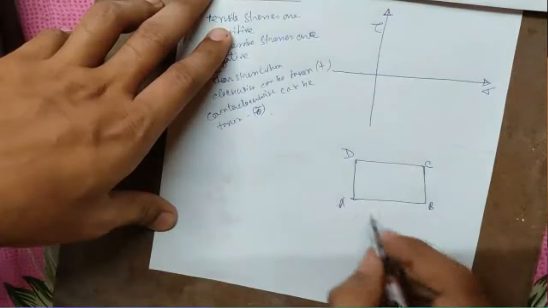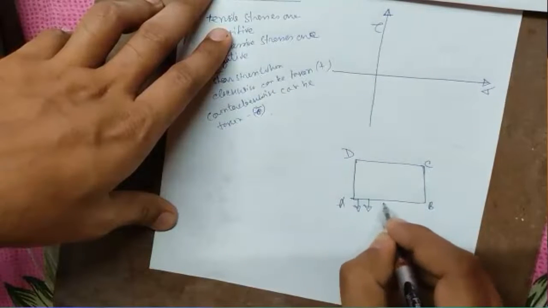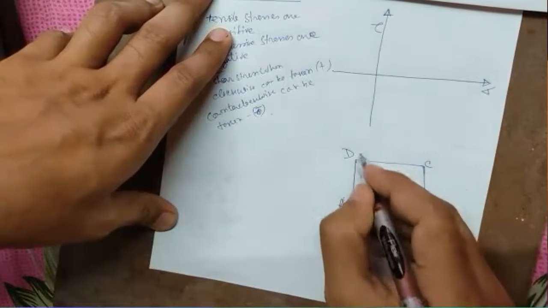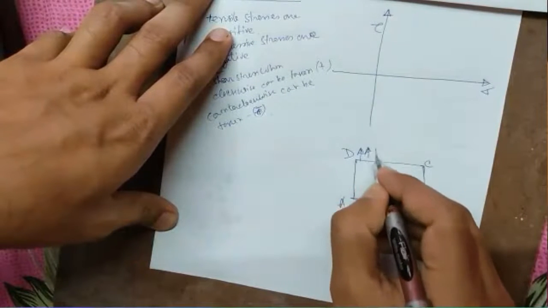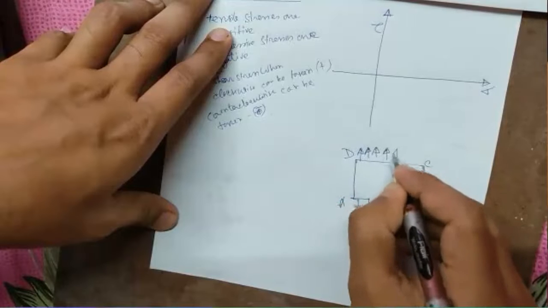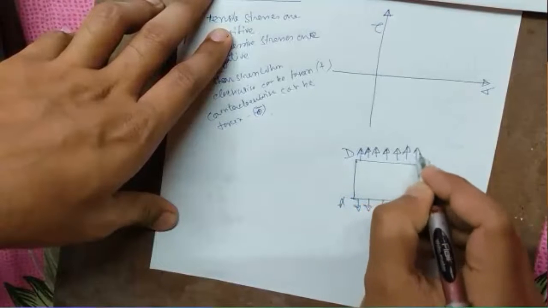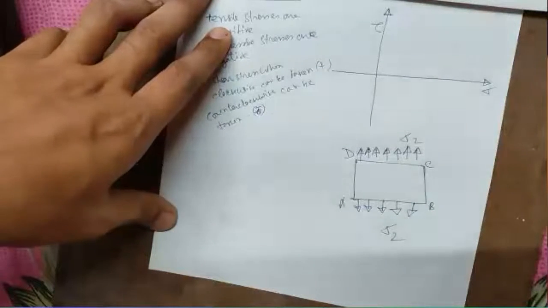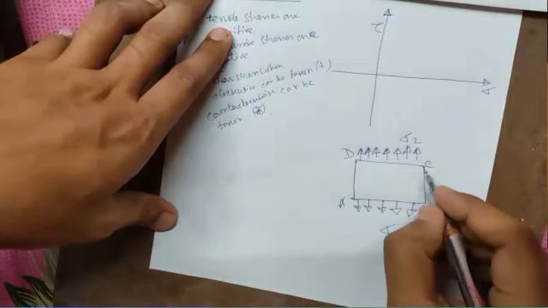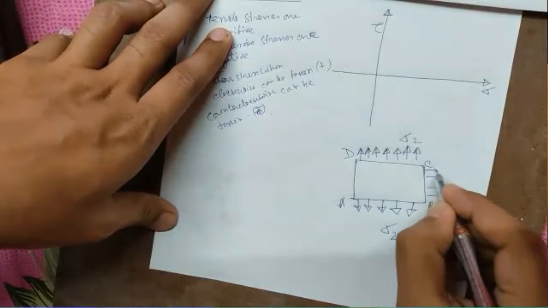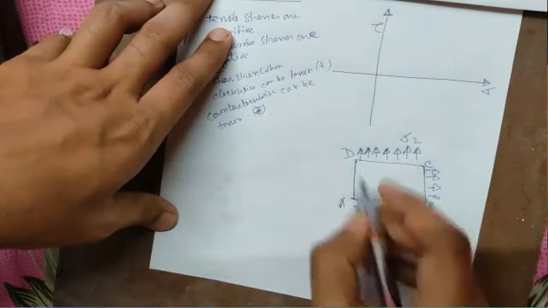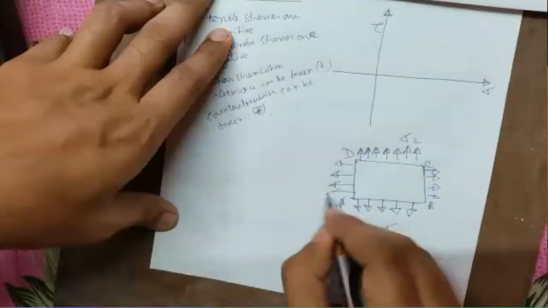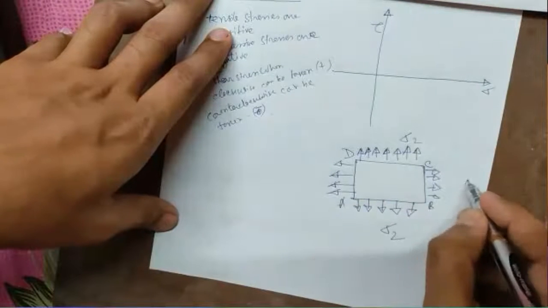Now the stresses working are tensile in both the directions. So this was sigma 2 in the previous day's problem. Here also we will take the same, so that we can understand.